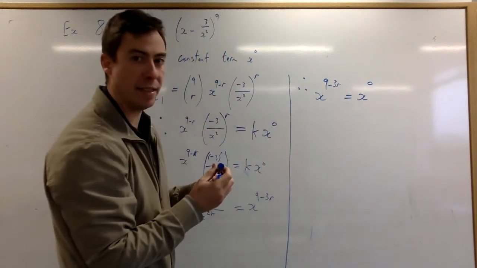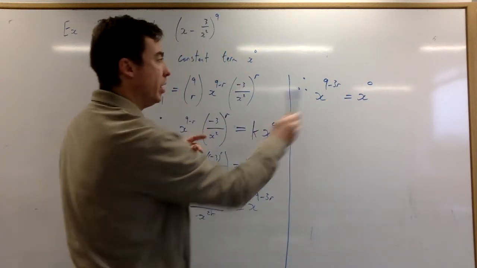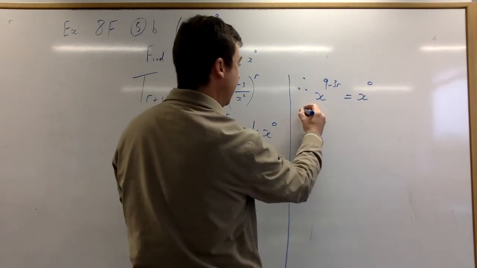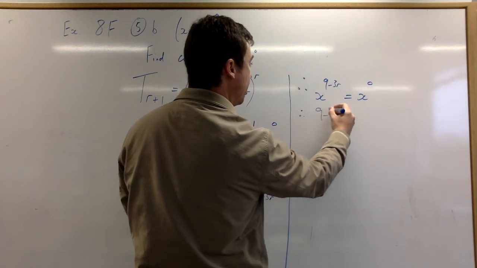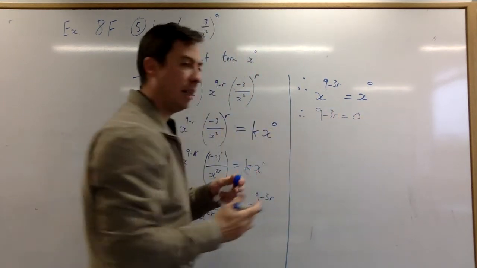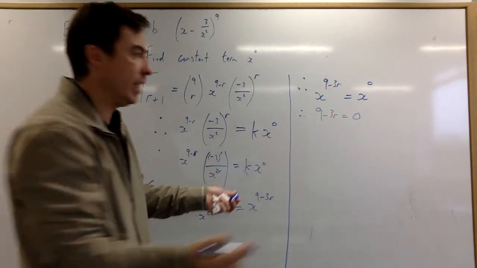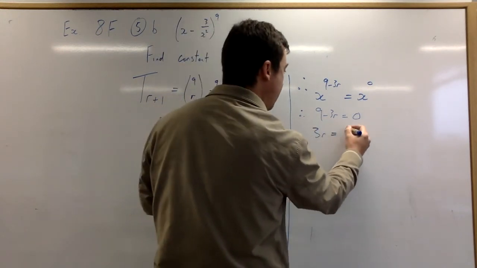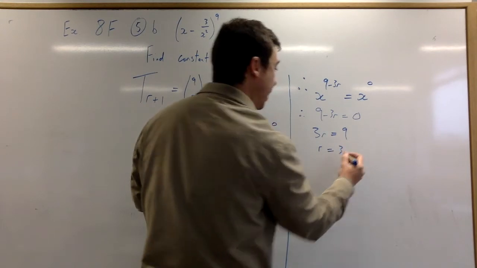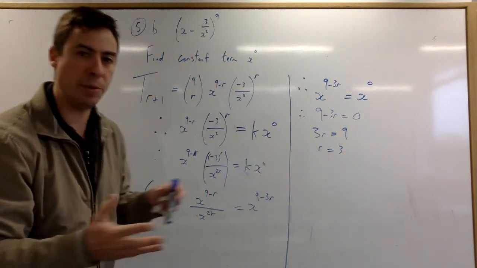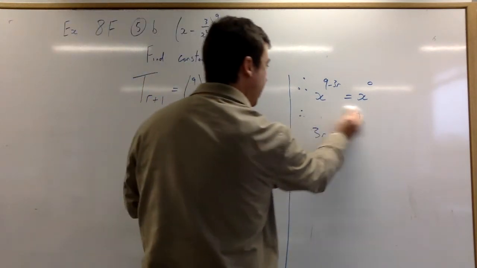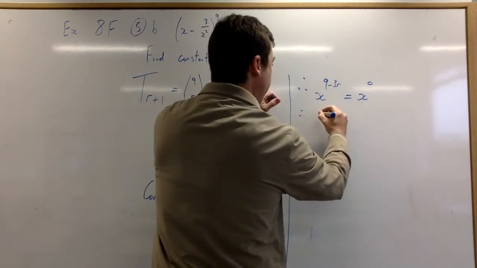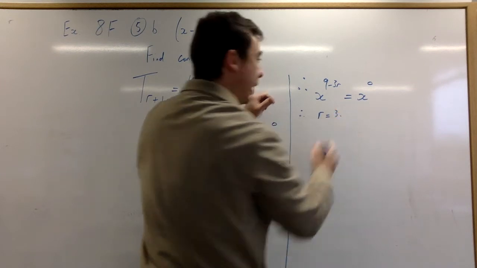It has to be a 3, doesn't it? 9 minus 3r has to be giving me a 0. I could say therefore 9 minus 3r equals 0, but I don't really need to. I can see it. 3r has to equal 9. R has to be 3. So I might want to just jump straight to saying that, but I don't really need this working out. Therefore, r equals 3.